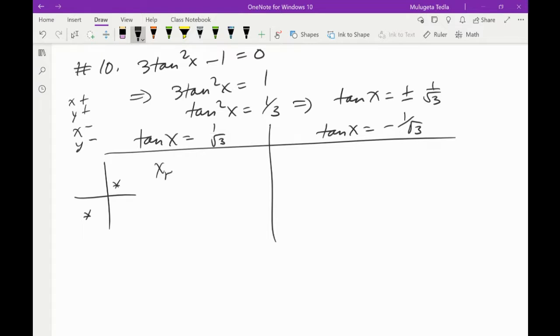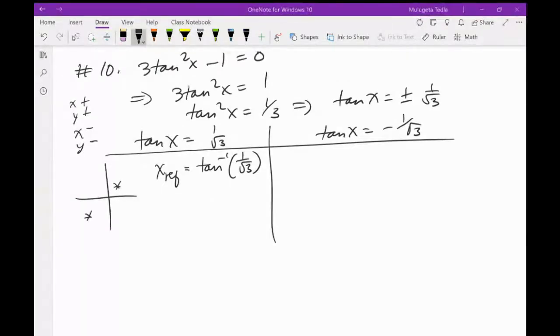What is the reference angle? X reference, the angle in the first quadrant, is tan inverse of 1 over root 3. You can use a calculator, or if you know the numbers, it's 0.52, which is 30 degrees, or pi by 6.